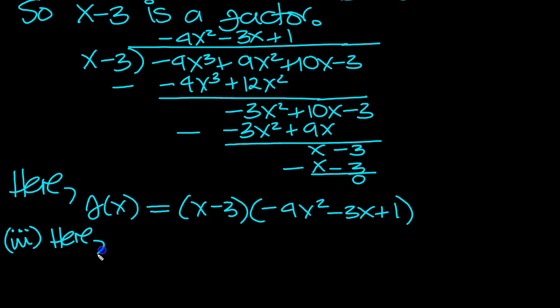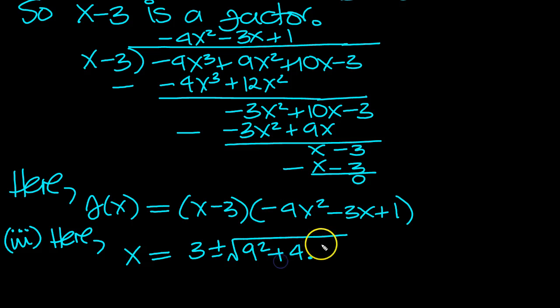Here, in this case, the x values will equal -b, -3 is 3, plus or minus the square root of b squared. B squared is 9, -3 squared is 9, -4 times a, which is -4, so that changes that to a plus, -4a, which we've done, times c, which is 1, all over 2a, which is 2 lots of -4.